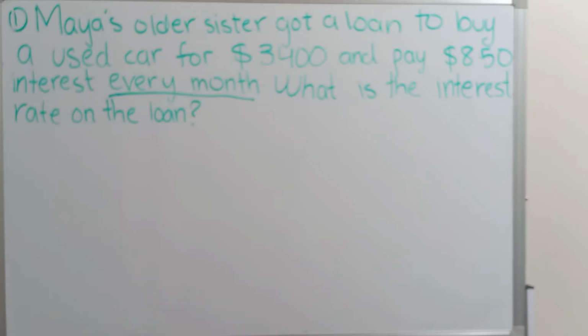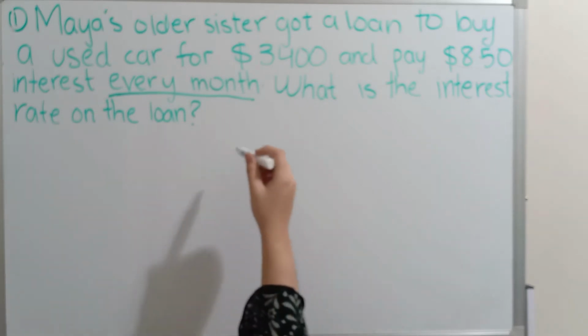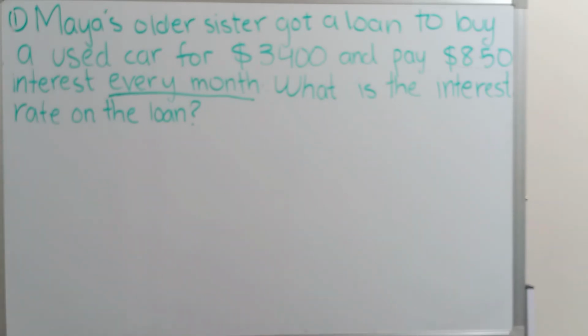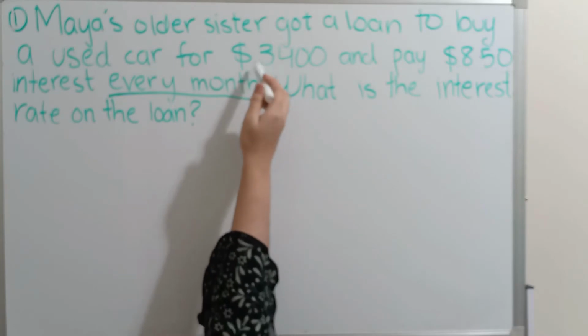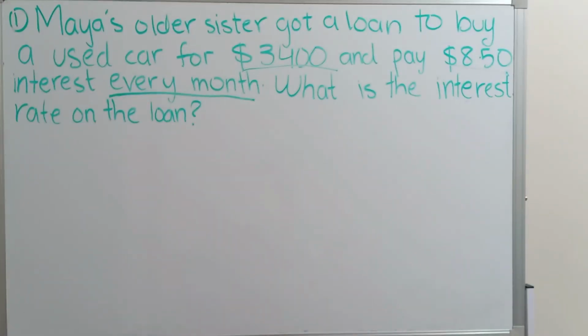So we are given the interest amount, which is $8.50, and we are given the total principal, which is $3,400, and we need to find the interest rate, which is in percent. So now, as I said before, we need to turn it into 1 year.